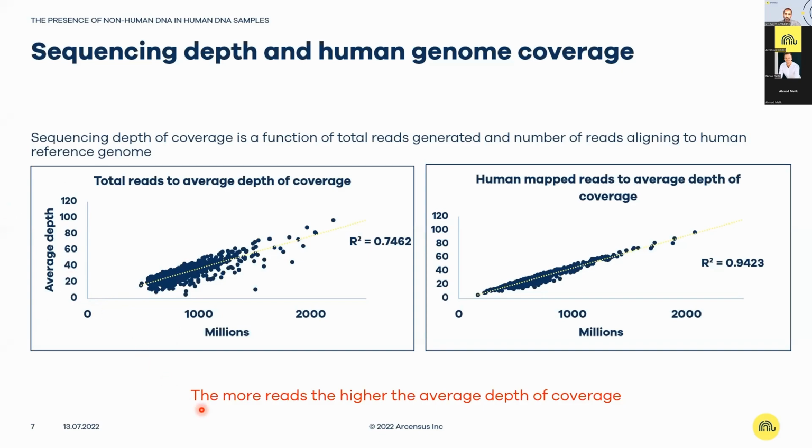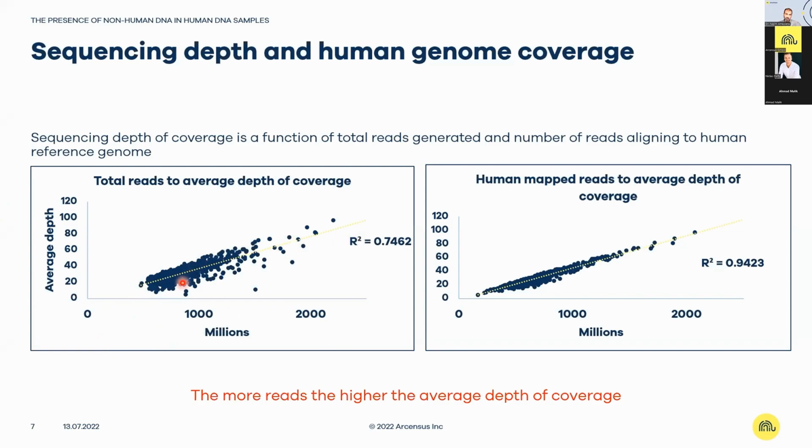And the higher the depth of the coverage, the more confident you are that a specific variant is true, and you don't want to have many variants that are artifacts, and therefore, to reduce the number of artifacts, you need a higher depth of coverage.